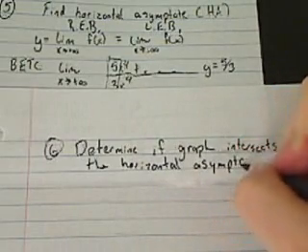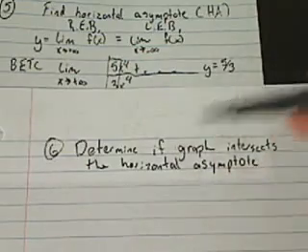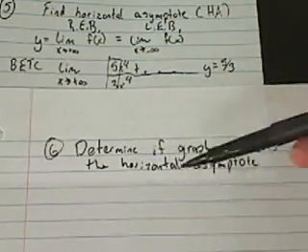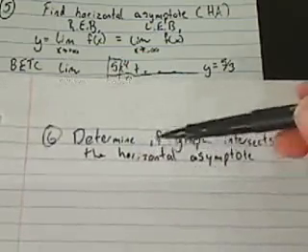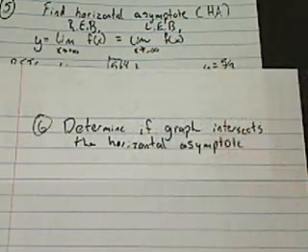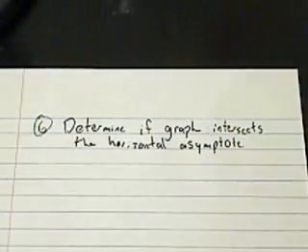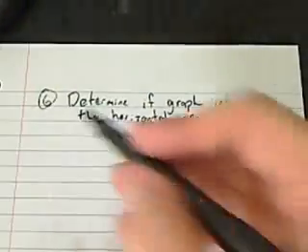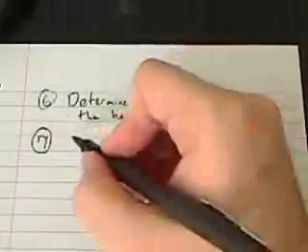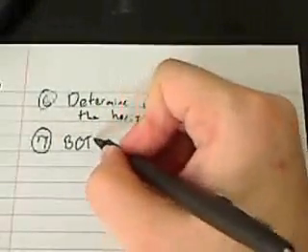So it doesn't say anything about small finite values of x. It can cross the horizontal asymptote in the middle of the graph, but when we get farther and farther out on both the left and right sides, it will kind of just even out with our horizontal asymptote.